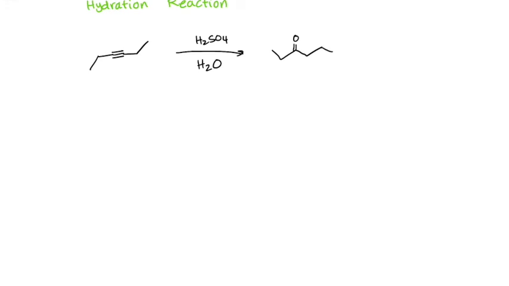So it doesn't matter where you put the double bond, it's the same ketone, so you're only going to get one product. But this was a symmetrical alkyne. Then in the next question, we have a non-symmetrical alkyne, which looks like this.